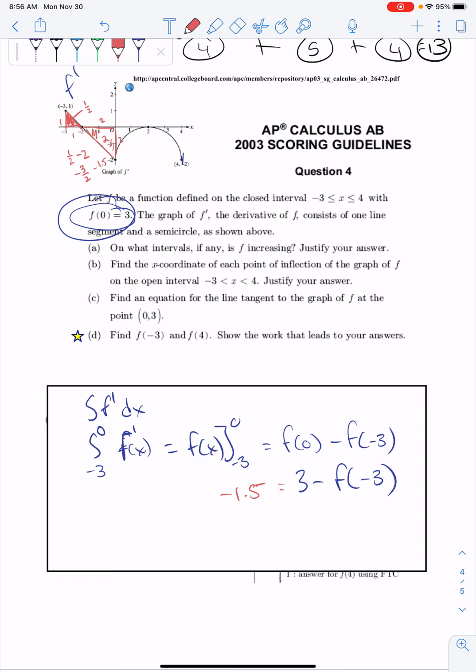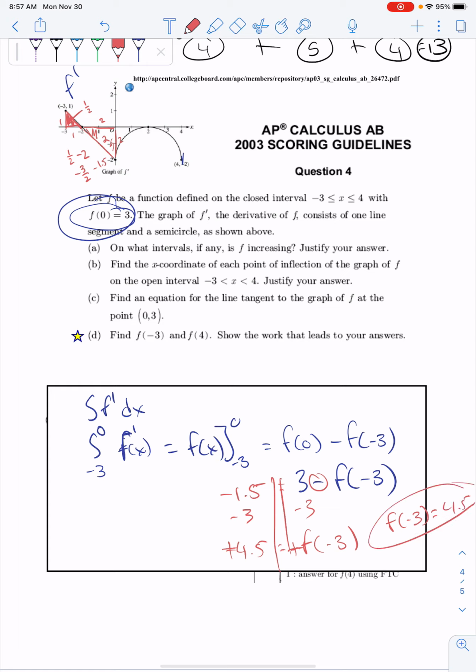So if I minus 3, if I do my old railroad tracks thing here, minus 3, negative 4.5 equals negative f of negative 3. Don't forget that negative sign right there. So to get rid of that negative, this becomes a positive, this becomes a positive. So f of negative 3 is equal to 4.5.